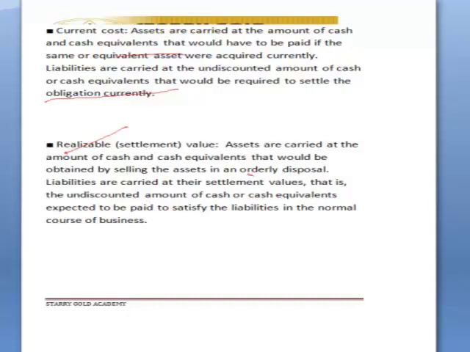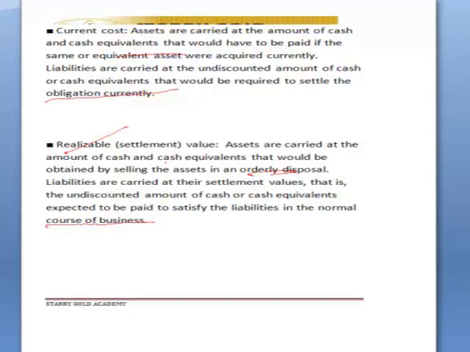Orderly disposal is the keyword: in a normal situation, in normal market conditions, at arm's length, at fair value. Liabilities are carried at settlement values, that is the undiscounted amount of cash or cash equivalent expected to be paid to satisfy the liabilities in the normal course of business. So these are the subsequent measurements of assets and liabilities. We can measure them at historical cost, current cost, or realizable value or settlement value.